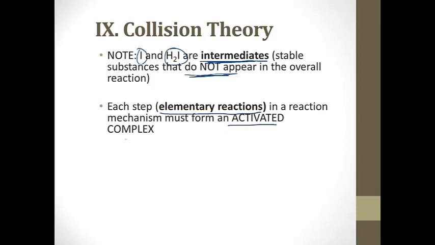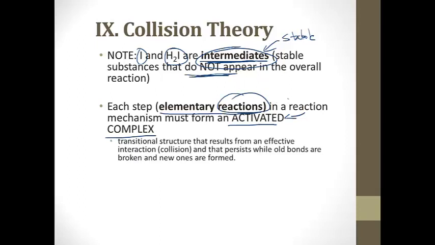They must form an activated complex. The activated complex is not an intermediate. That's different. Remember, this is not stable. This is stable. These things can actually exist, but you don't see them because they're the product of one of these elementary reactions, and then they turn into reactants for another elementary reaction. And remember, the activated complexes are not stable.